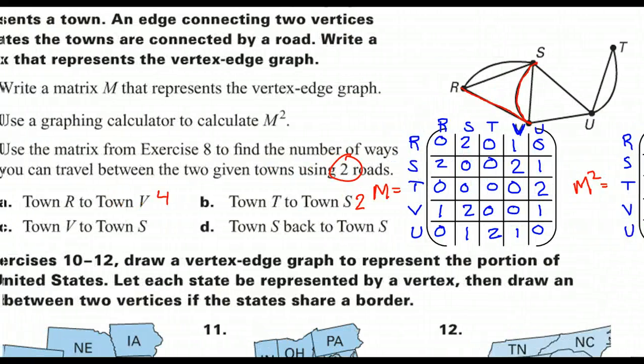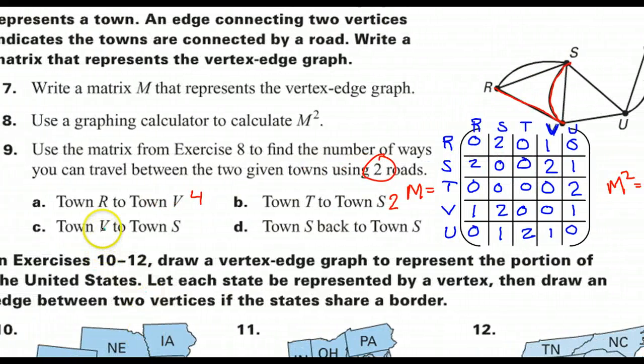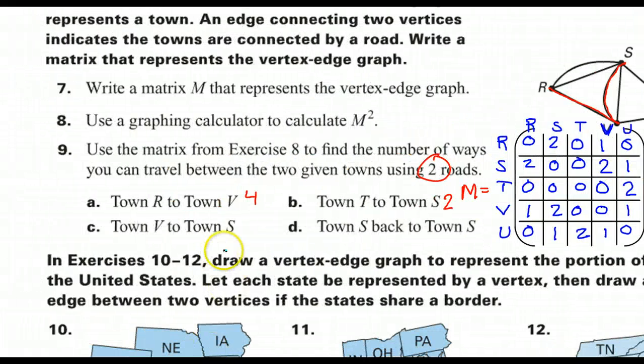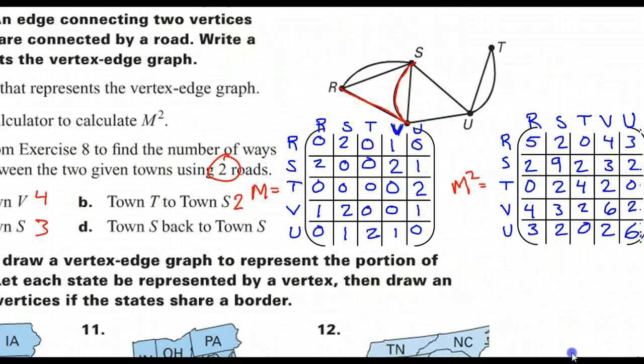Okay, how many ways can I go from town V to town S using two roads? V to S, that's 3. There's 3 ways I could go from V to S using two roads. How about S and back to town S?